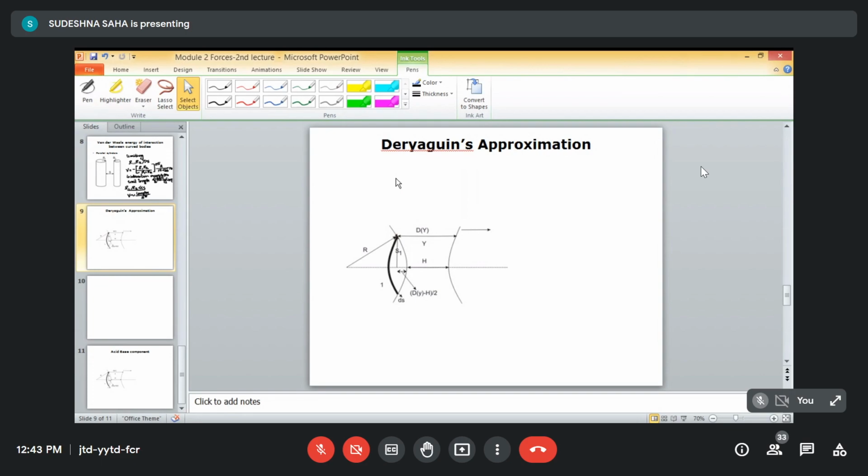Also, you can mention that the Derjaguin approximation can be applied to the electrostatic interaction between colloidal particles, as well as to the Van der Waals interaction between the particles at a small separation. If the separations are big, then the Derjaguin approximation doesn't hold good. If the separation between the particles is small, then it holds good.